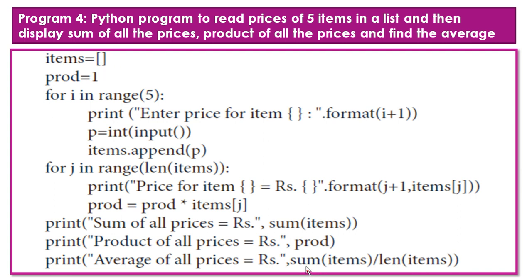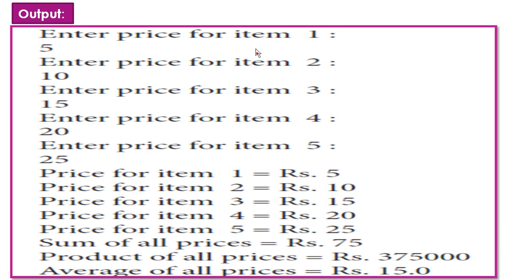For example, if each item value is 5, the total value is 25. 25 by 5, so the average price is 5. The output of this program: enter the price values 5, 10, the second item price is 10, the third item price is 15, and the 4th and 5th item prices are 20 and 25.